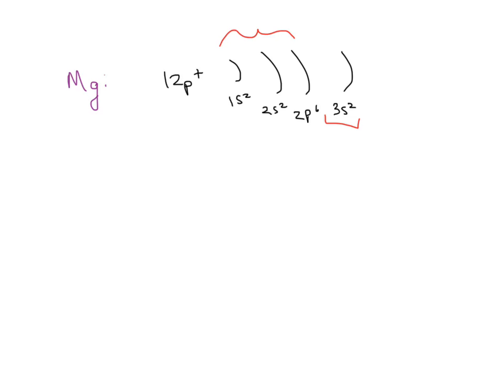Magnesium is atomic number 12, so it has 12 protons in its nucleus. It has 12 electrons, and they are configured this way: 1s2, 2s2, 2p6, and it peters out at 3s2. In this case, hopefully you would tell me that it has 2 valence electrons, so the inner or non-valence electrons are 10. 10 inner electrons.